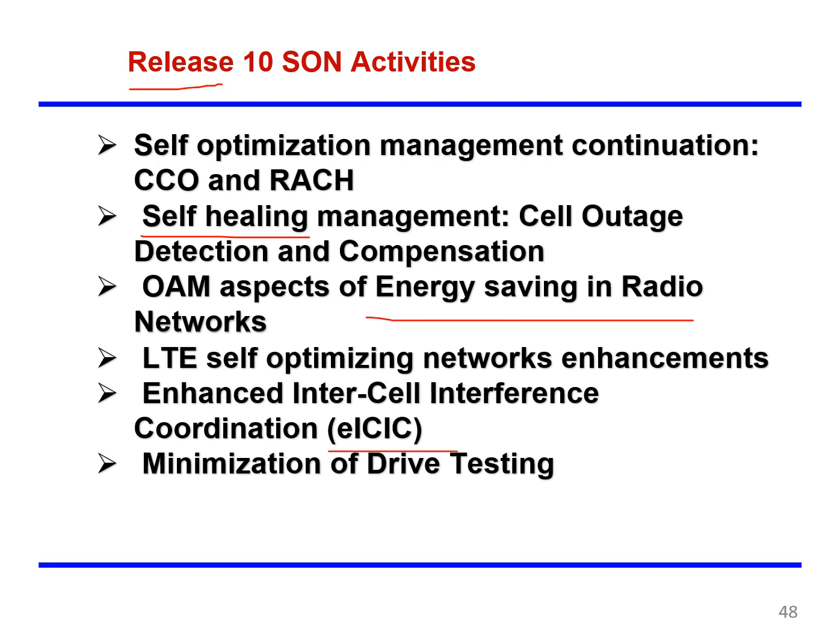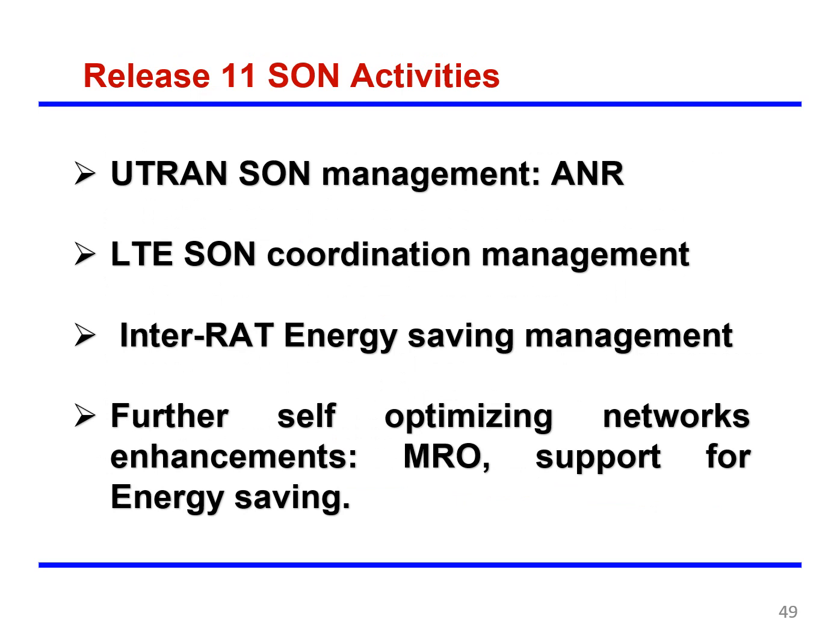And the eICIC, enhanced ICIC feature, and minimization of MDT feature came in release 10 SON. And in release 11, this is UTRAN SON, management of ANR, automatic neighbor relations detection, SON coordination management, inter-RAT energy saving, and further enhancements to MRO and energy saving have come in 11.